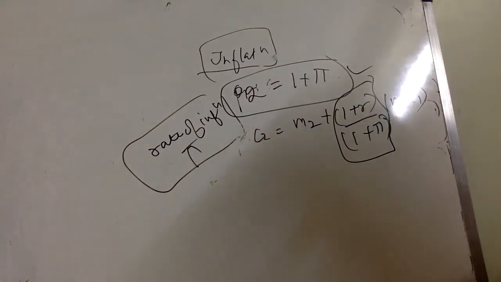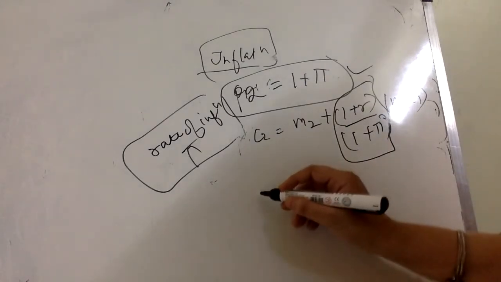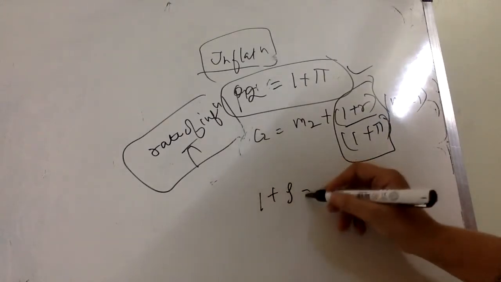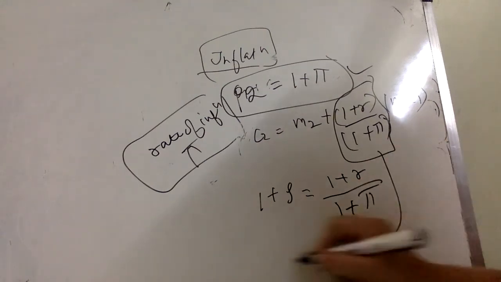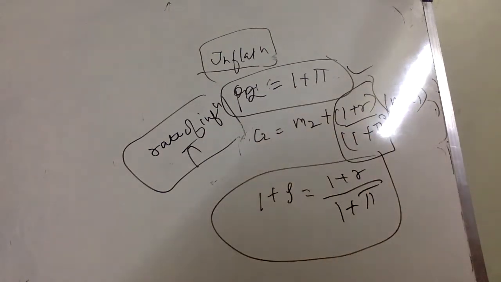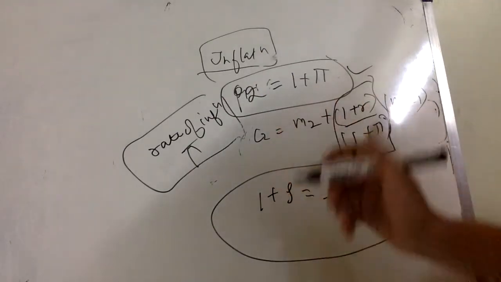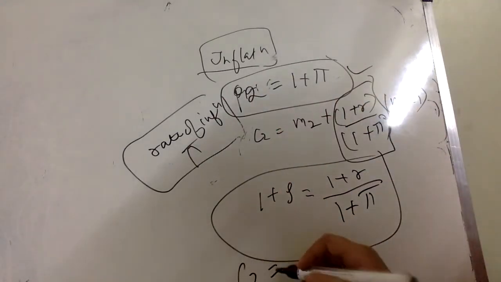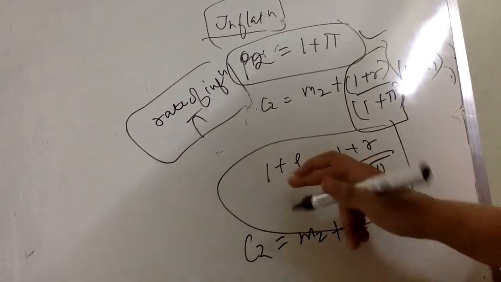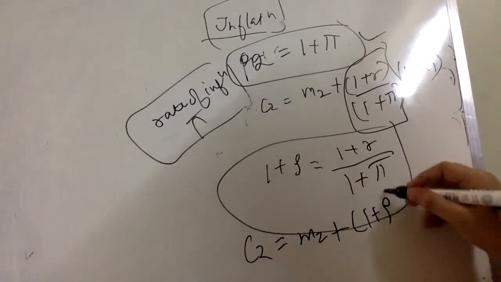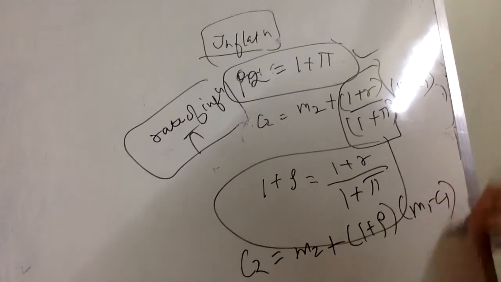So let's take another variable here, rho. I define 1 plus rho as 1 plus R upon 1 plus pi. To better understand this equation, I am just replacing it. So I can rewrite this equation as C2 equals M2 plus 1 plus rho times M1 minus C1.